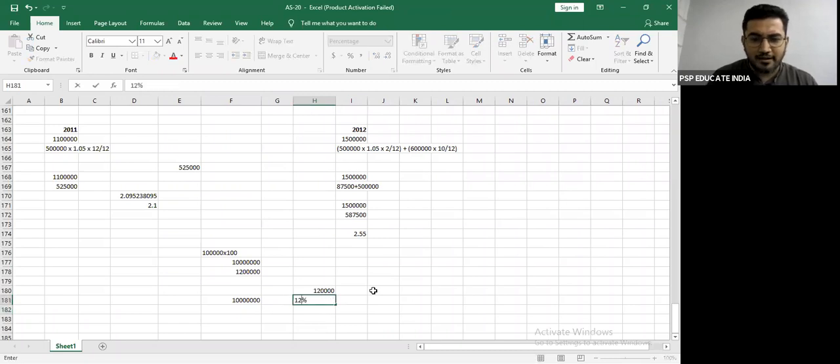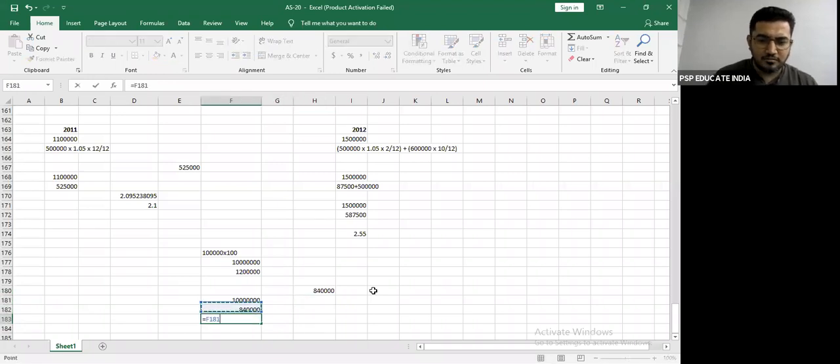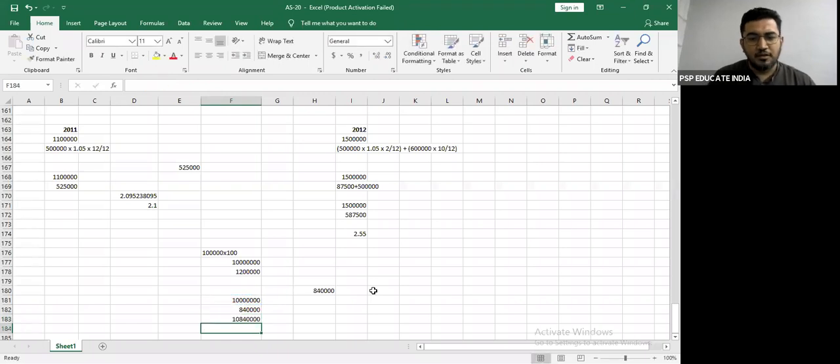So 12 lakhs minus 3,60,000 comes to 8,40,000. So I will add over here 8,40,000. You get 1 crore 8,40,000.